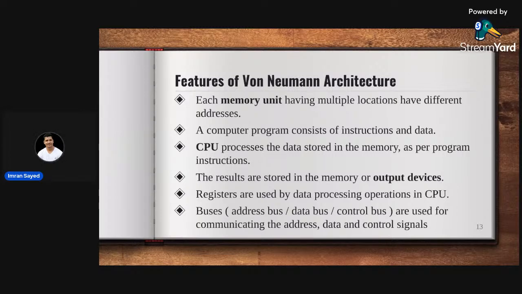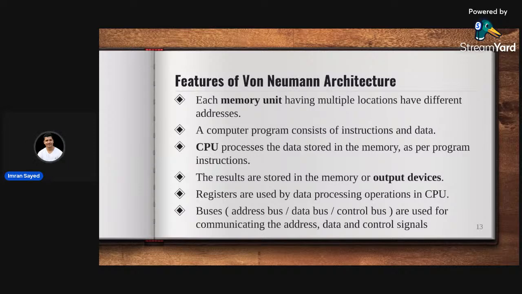So just to recap, each memory unit has multiple locations having different addresses. As we all know, a computer program consists of the instructions and data. The CPU processes the data stored in the memory as per program instructions. Whatever results are produced are stored into the memory or the output devices. The CPU also uses registers for data processing.